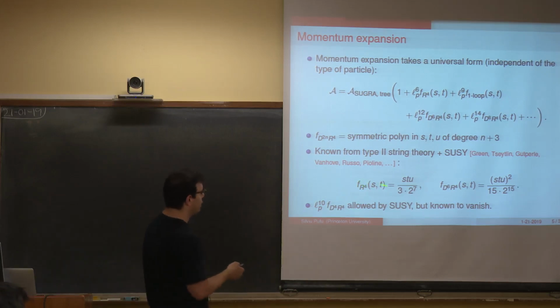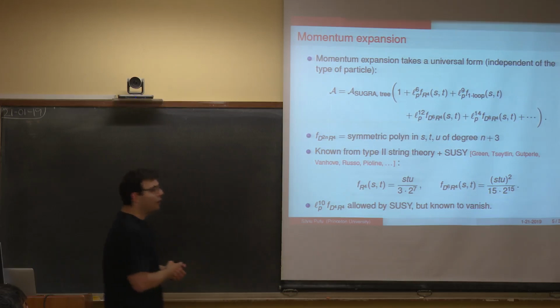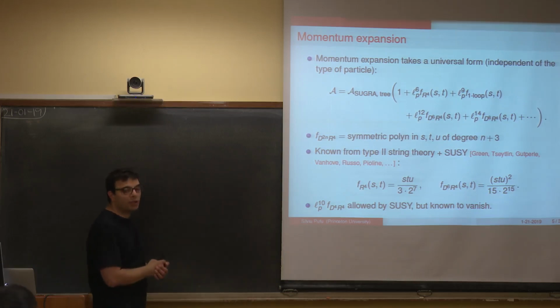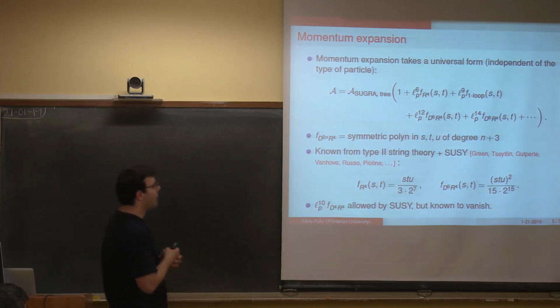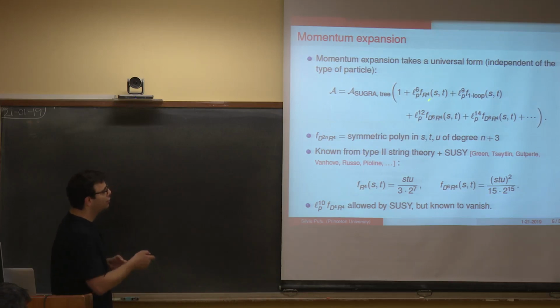The R^4 one is known, it takes this form, and D^6 R^4, the next one, is known, and it looks like that. Supersymmetry in 11D allows a D^4 R^4 term in this expansion, but it is known to not be there.